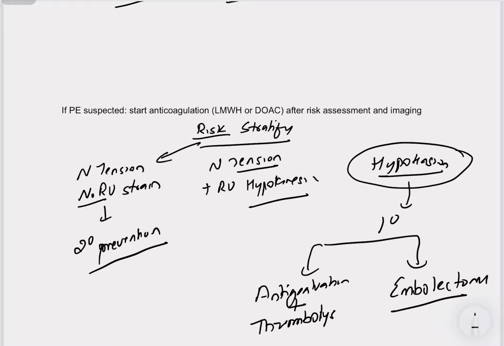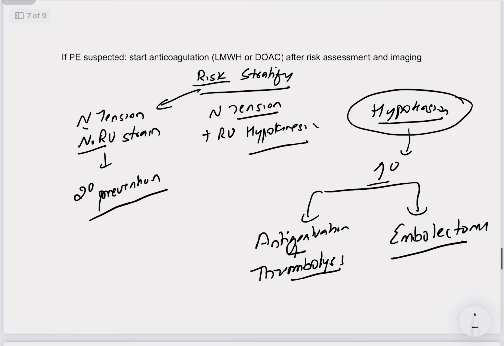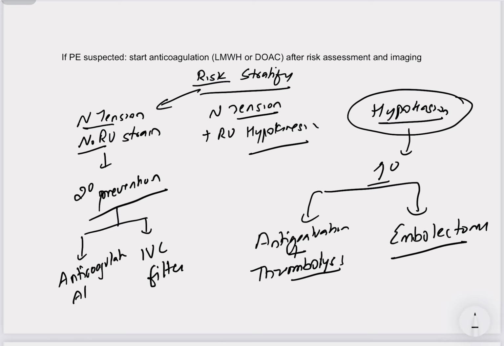If the patient is normotensive and there is no right ventricular strain, then secondary prevention can be done by inferior vena cava filter or anticoagulation alone. And in the middle group, normotensive with right ventricular hypokinesis, it's individualized.